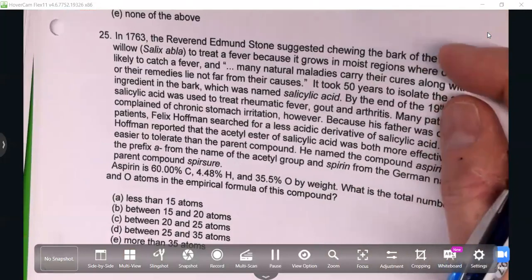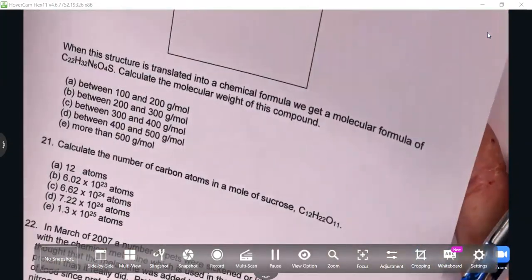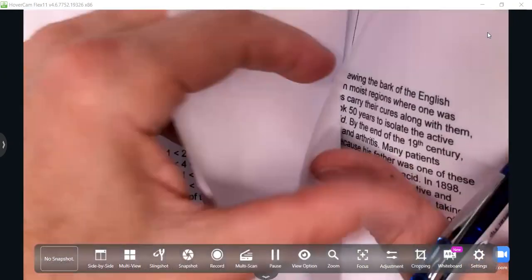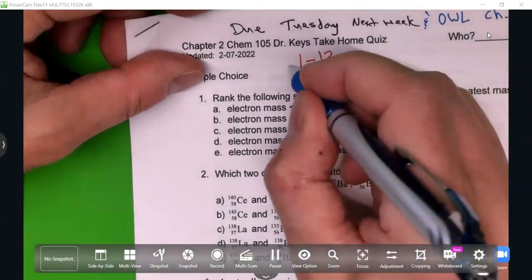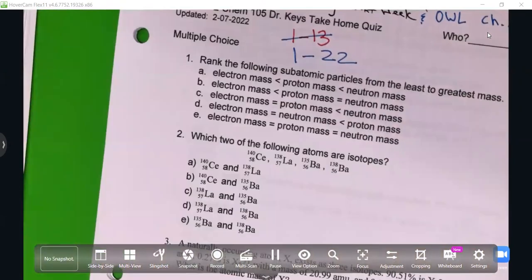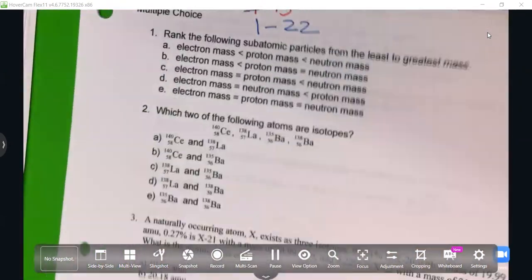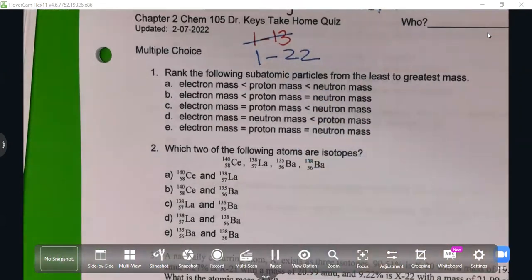You should be able to go through 22 on this quiz now, to keep track and stay on course. You should be able to do 1 through 22. I think there's how many? There's only 25. So on this quiz, you should be able to go through 22.